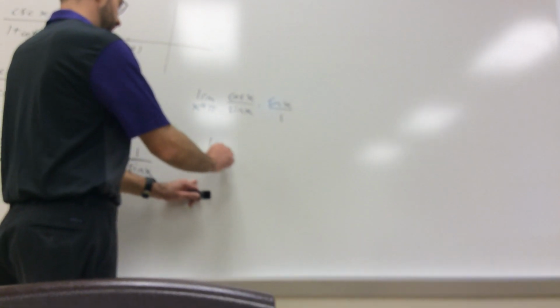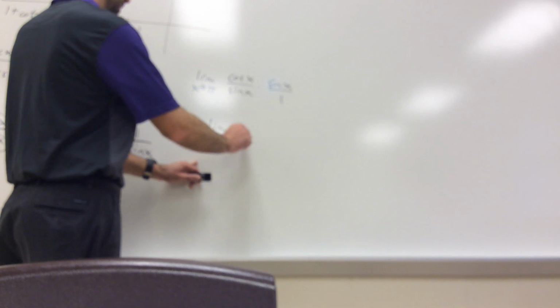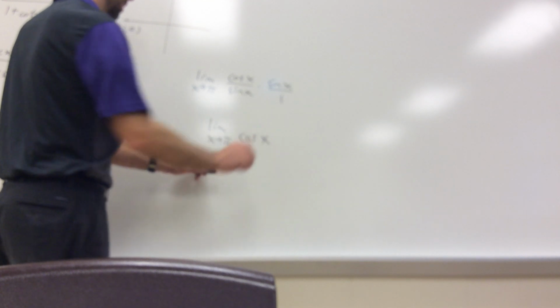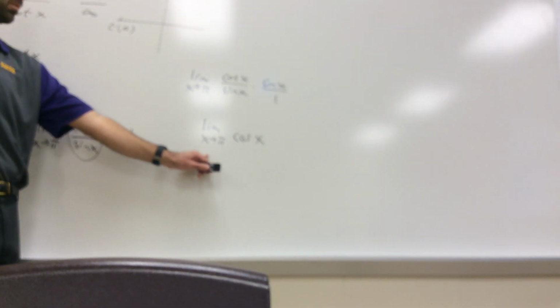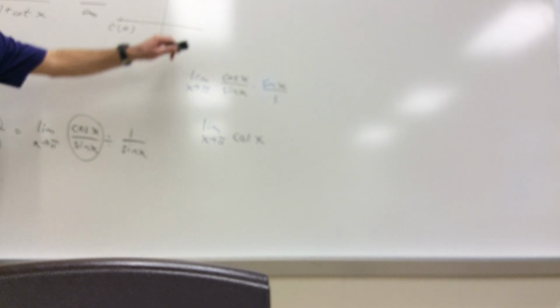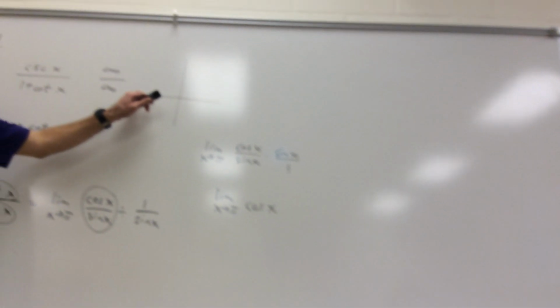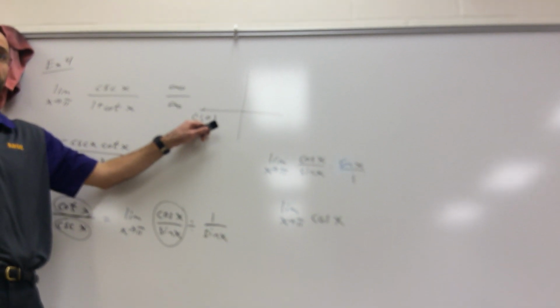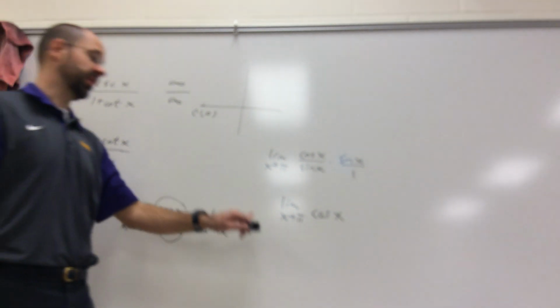So we're really just taking the limit as x approaches pi of cosine. And then as x approaches pi, cosine gets closer to -1. So the final answer here is -1.